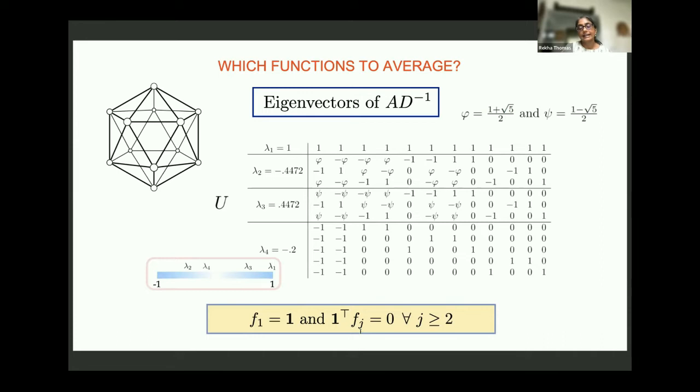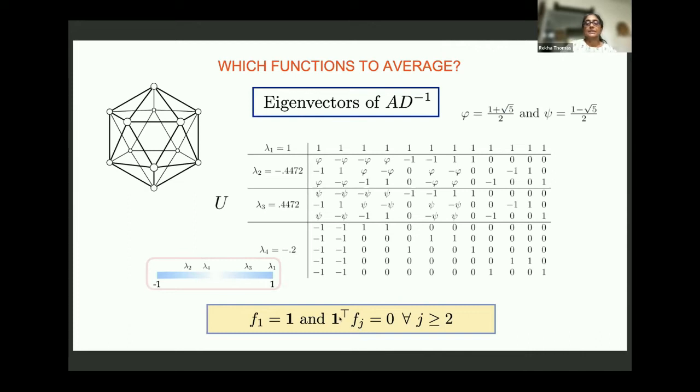That means that the average of all these other eigenvectors, other than the trivial one, is 0. This is actually very convenient, and it also follows from the fact that we have a regular graph.